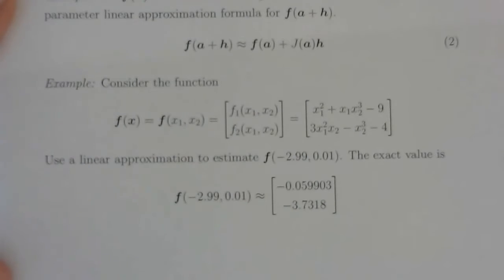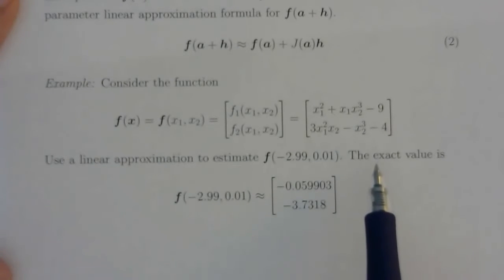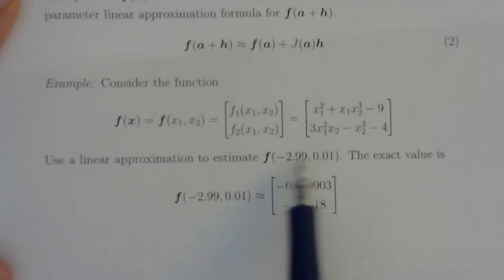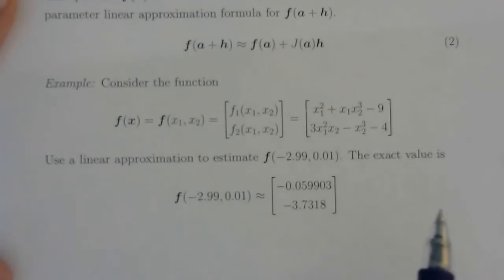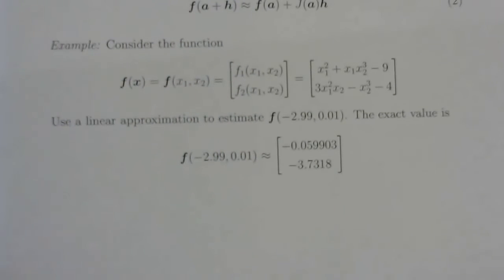And let's consider this actual function here, this f1 and f2, and let's approximate the value of f somewhere near (-3, 0) using a linear approximation, and we can compare it to this exact value here. Okay, so the first thing that we're going to need to do is find all these partial derivatives and stack them up like the Jacobian, right? So let's see.